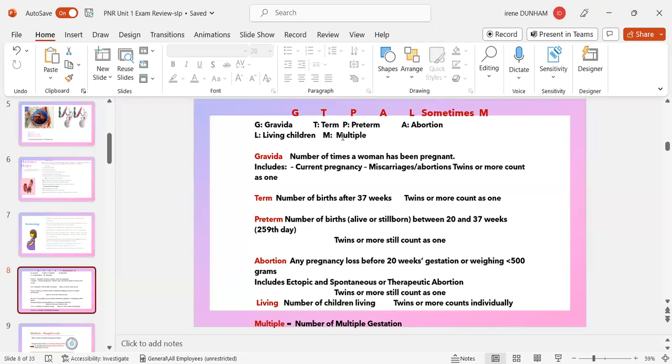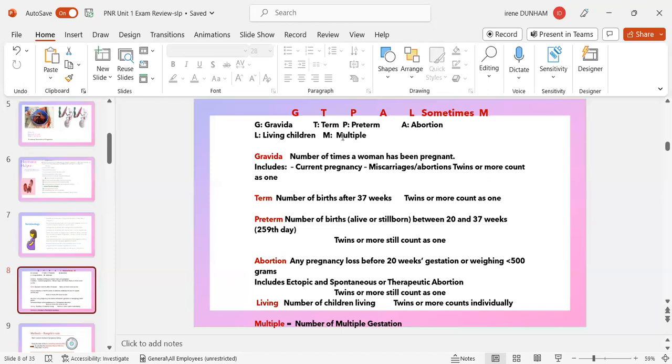And then abortion is any pregnancy loss before 20 weeks or a fetus weighing less than 500 grams. So abortion, any pregnancy loss before 20 weeks. Miscarriages are put into that category also. Now, living, the L, is the number of children living.